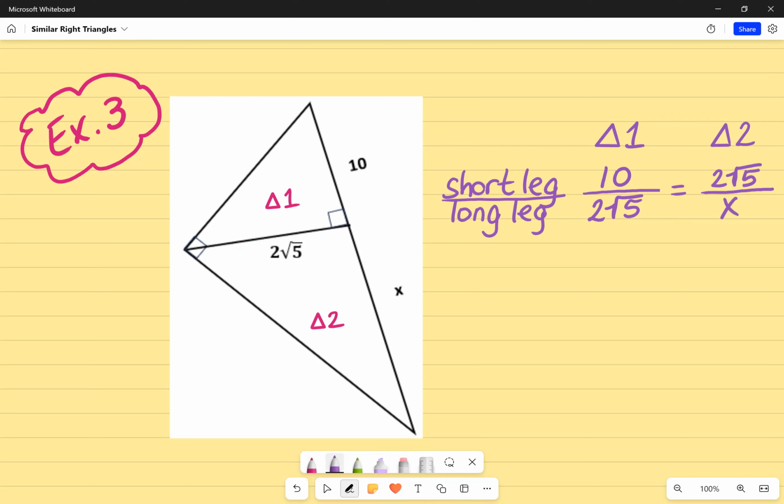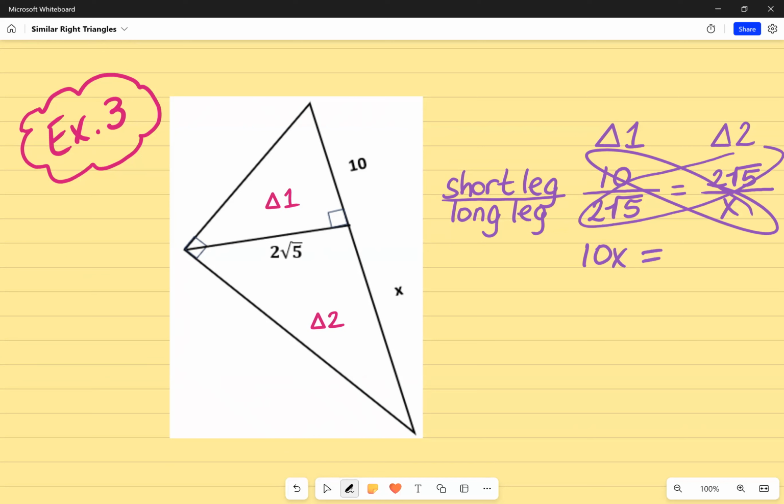And now I can start the process of cross multiplying. 10 times X is 10X. And then if I'm multiplying a radical times itself, what I want to do is focus on the number that's on the outside. So 2 times 2 is 4. Times, and then radical 5 times radical 5 is going to be the radicand.